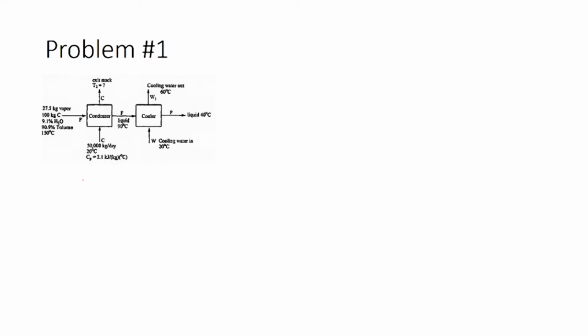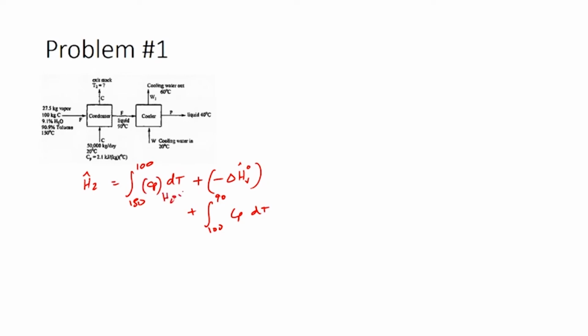So, H2 cap can be calculated as follows: H2 cap equals integral 150 to 100 Cp dt plus the negative of the heat of vaporization for water plus integral 100 to 90 Cp dt. The first Cp would be for water vapor and the second Cp would be for liquid water.